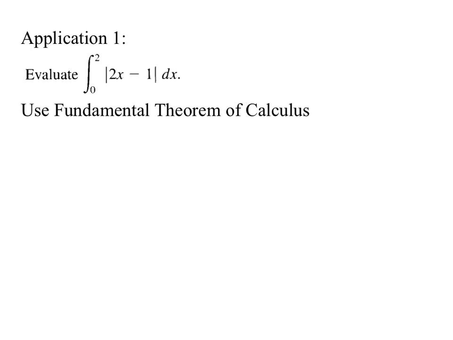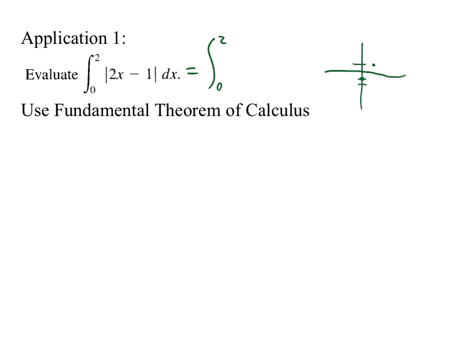So here I have the integral from 0 to 2, okay? But my function, 2x minus 1, it might be helpful to actually see this. 2x minus 1 would have a y-intercept at -1, a slope of plus 2 over 1.